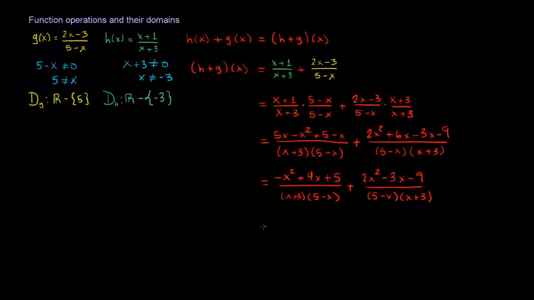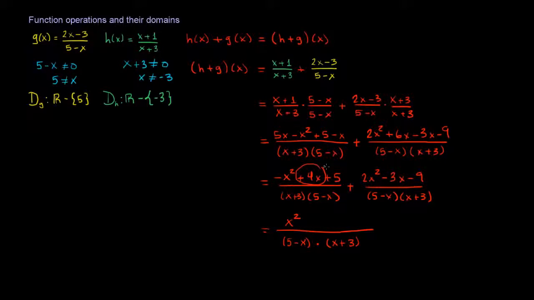Now I'm going to proceed to do this addition. The denominator will be 5 minus x. I'm just putting together both terms here. So we have 2 times x squared added with this one, so we have x squared.